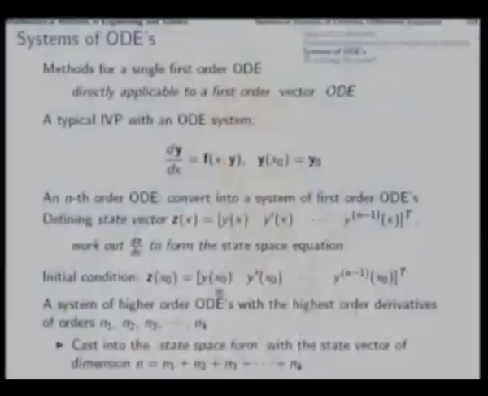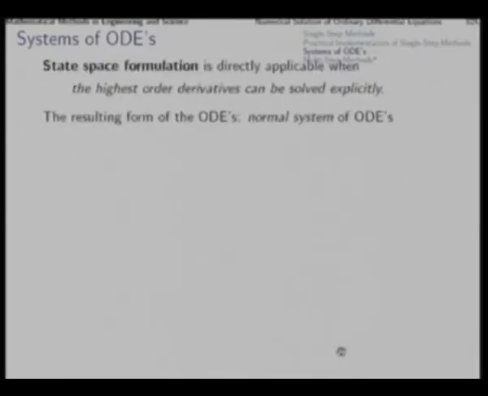In general, if you have a system of higher order ODEs with the highest order derivatives of the unknown functions y1, y2, y3, y4, etc., being n1, n2, n3, n4, etc., then you can cast the entire system into the state space form with a state vector of dimension n1 plus n2 plus n3 plus n4, etc. Let us take an example.